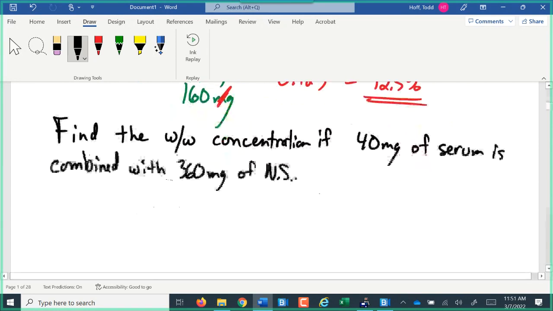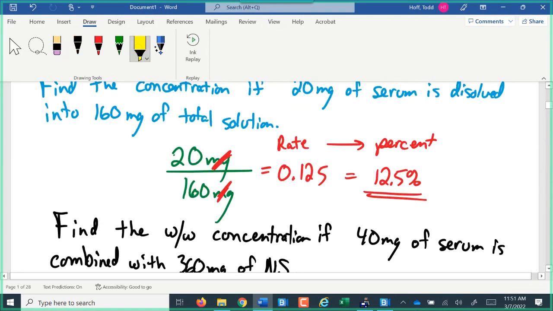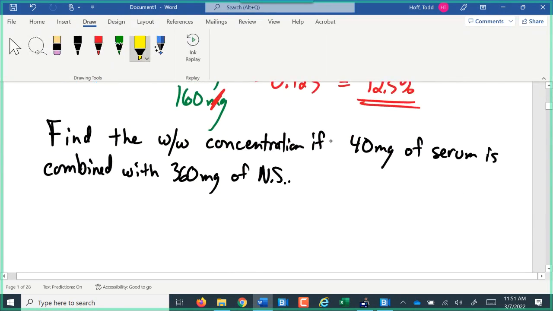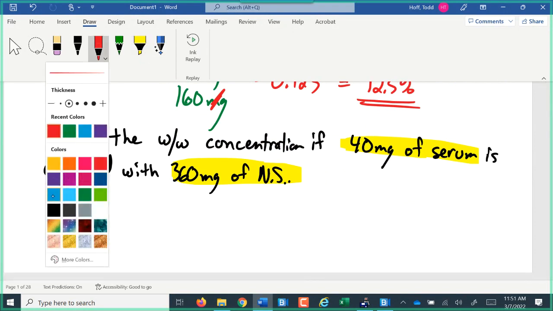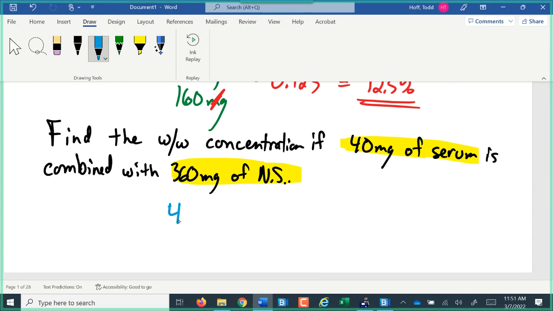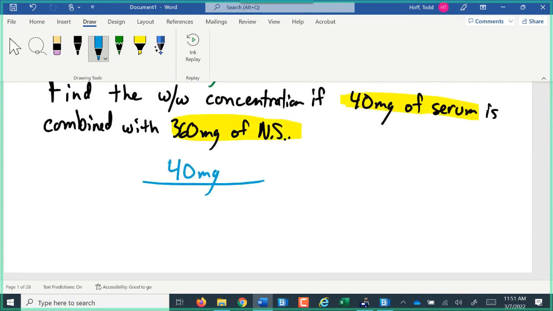So there's a slight difference here. In the top one, I gave you the amount of total solution. Here, I gave you the amount of serum and the amount of saline or sterile water it's being mixed with. Find that concentration. Have the 40 milligrams of serum that goes on top, but on bottom we need the weight or mass of the total solution.